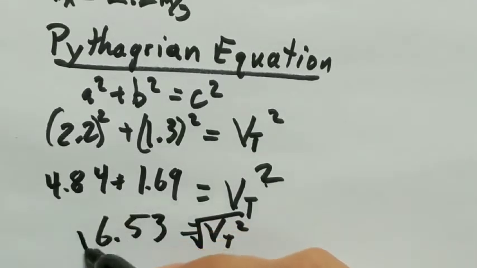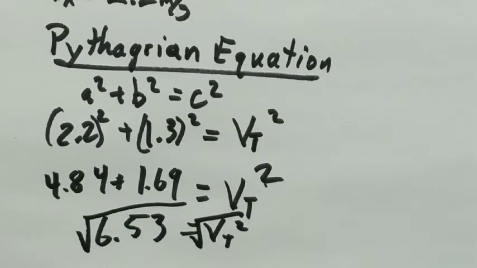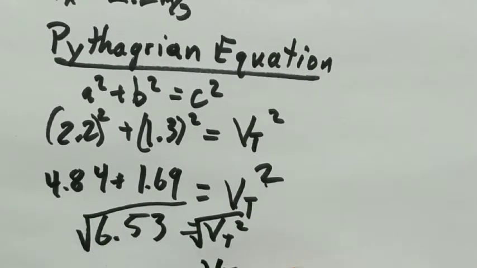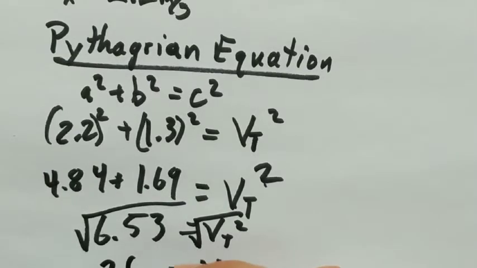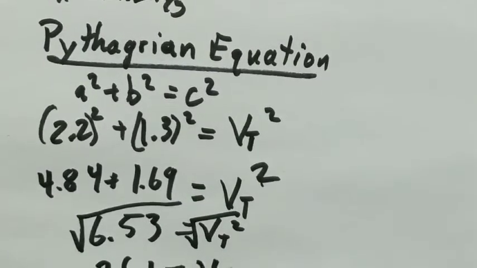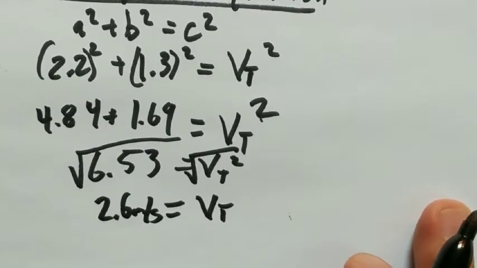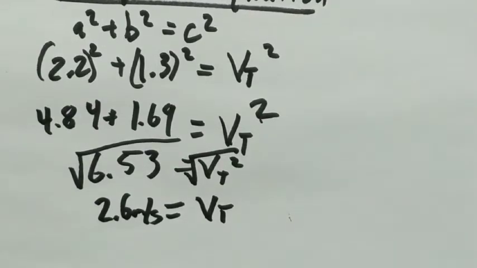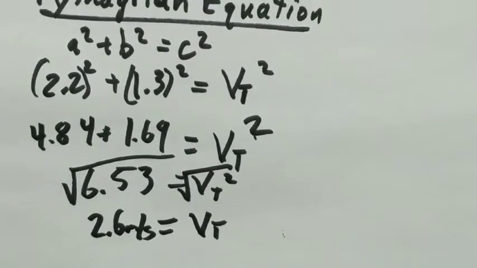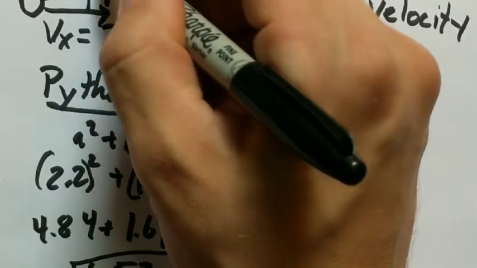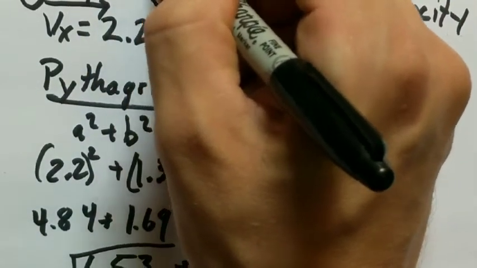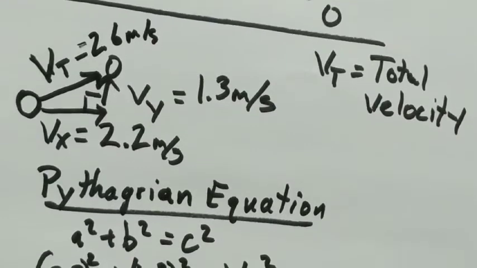So to cancel that square, I have to take the square root, and that gives me an answer of 2.6 meters per second. I was using significant figures to do my rounding at the end. So my total velocity is 2.6 meters per second.